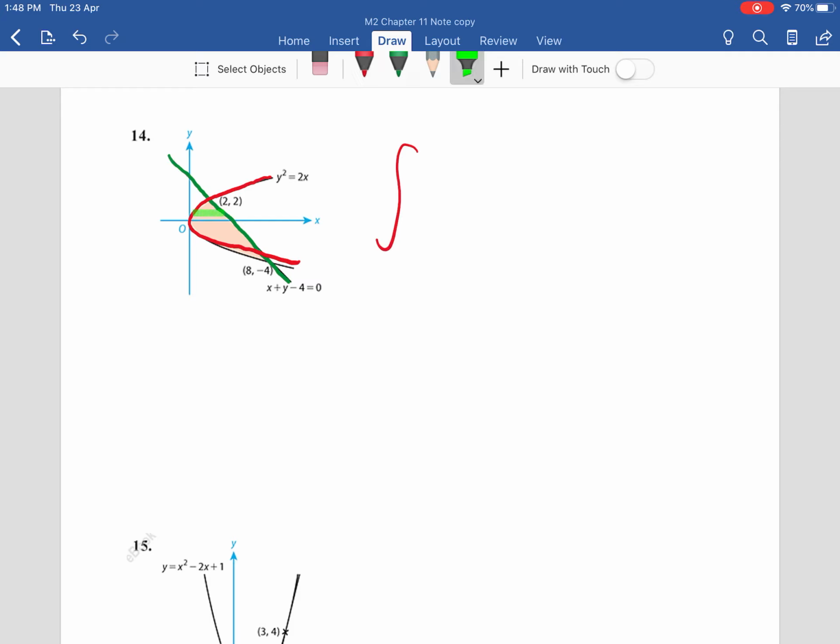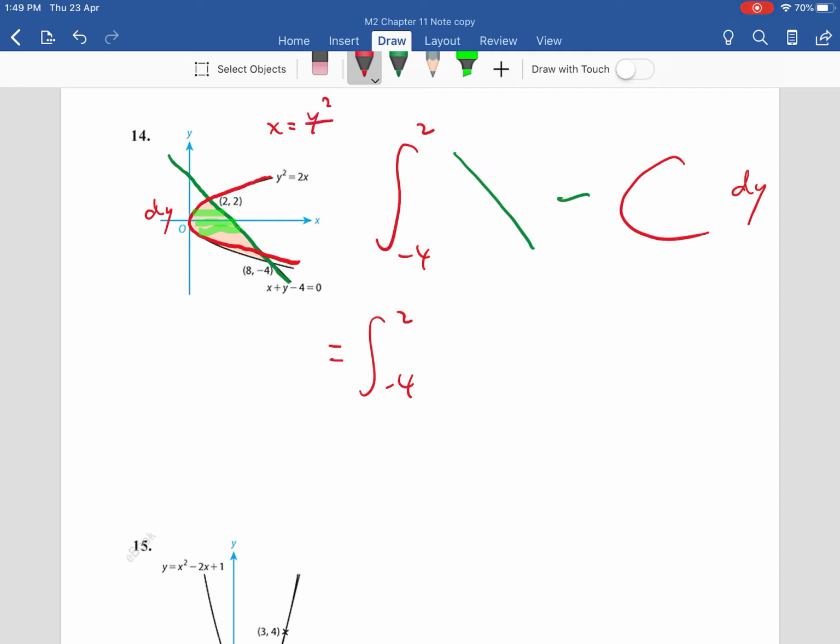I will cut horizontally because every time it is the green line minus the red curve, and the length is dy, and y should go from -4 to 2. This is the value of x, so I change this to -4 to 2.